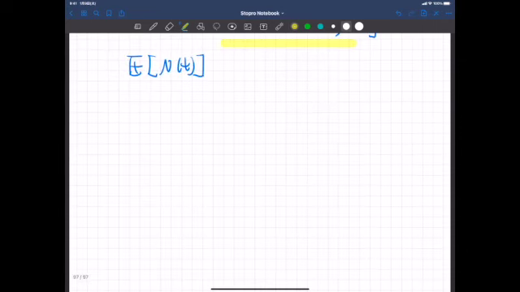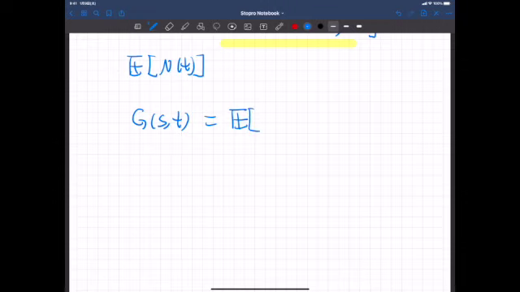So here's one alternative interpretation of this problem. First of all, the original definition of the probability generating function is the expectation value of s to the power of that random variable n of t.